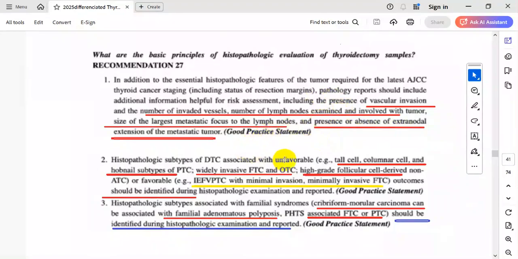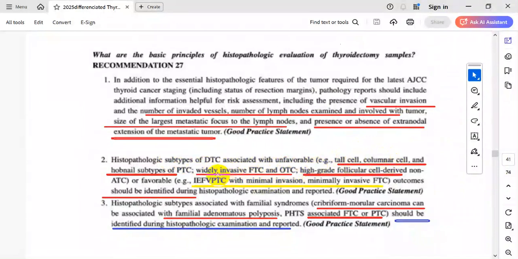And some histopathological subtypes of differentiated cancers are associated with unfavorable outcomes, for example tall cell or columnar cell and hobnail subtypes, which are very aggressive.